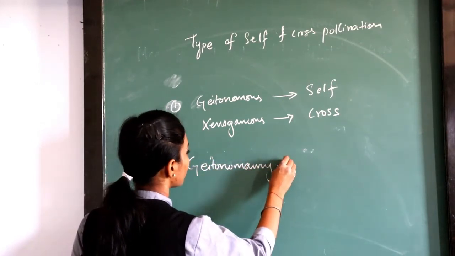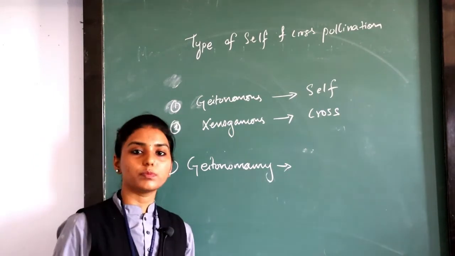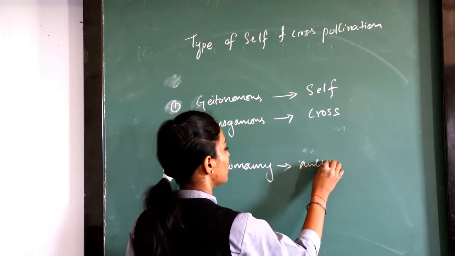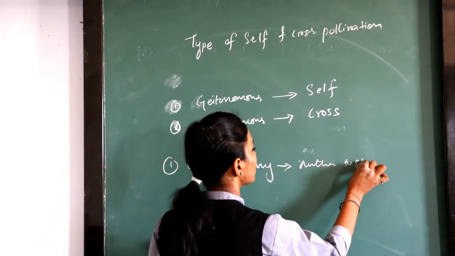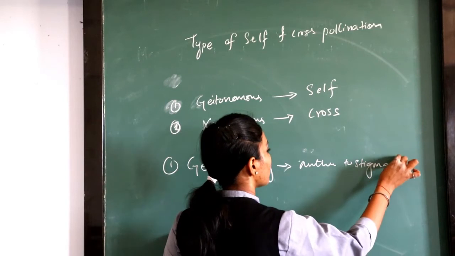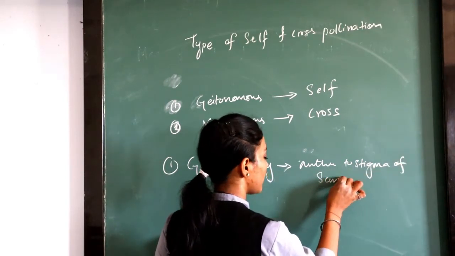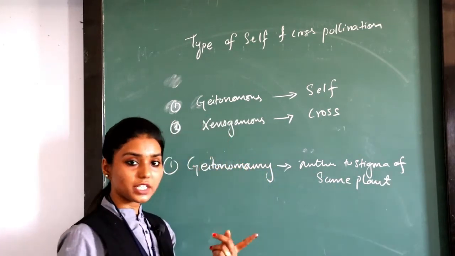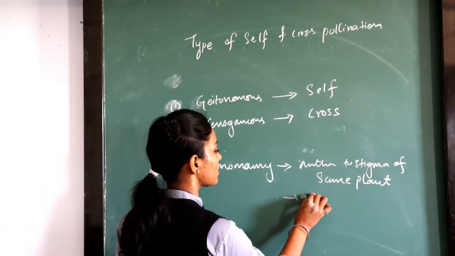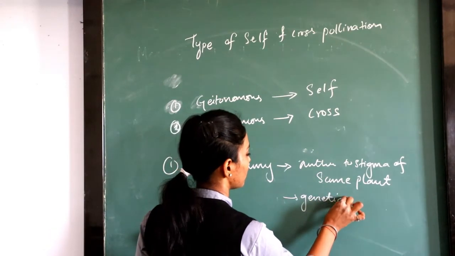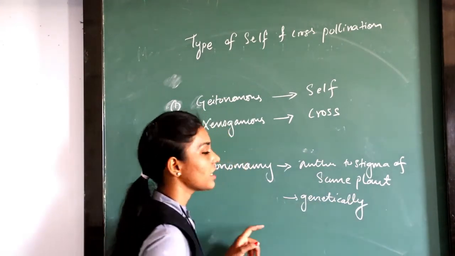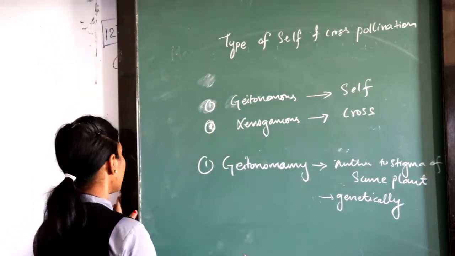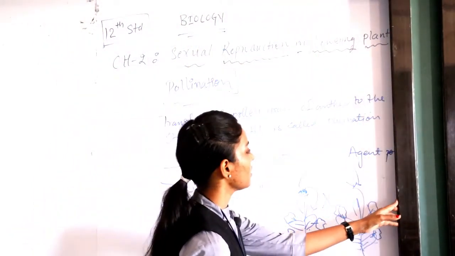Here the transfer of pollen grain will occur from anther to stigma of the same plant, which is genetically similar.